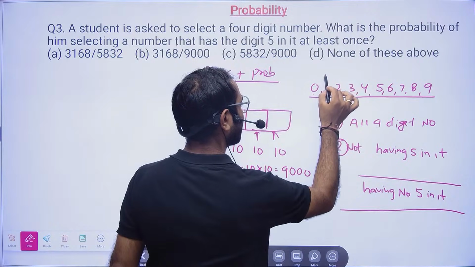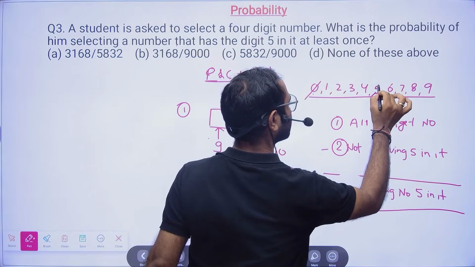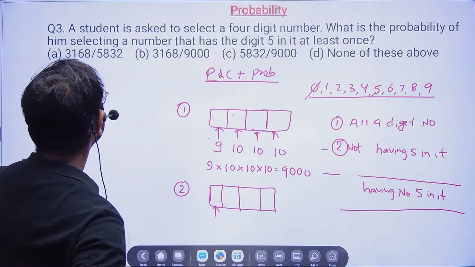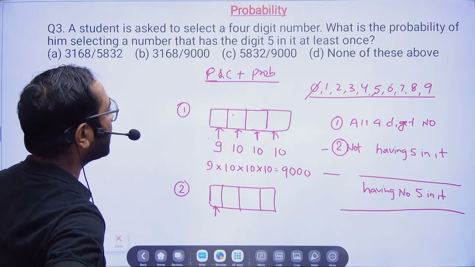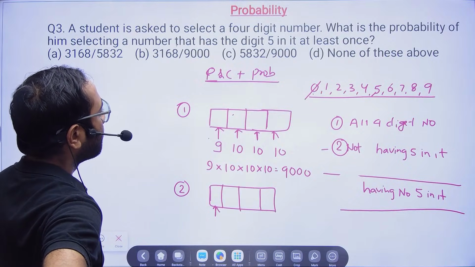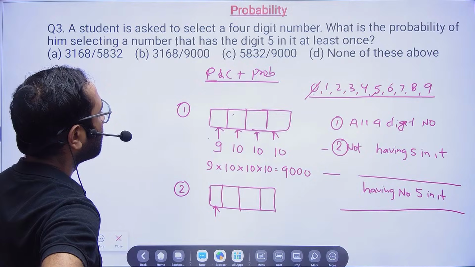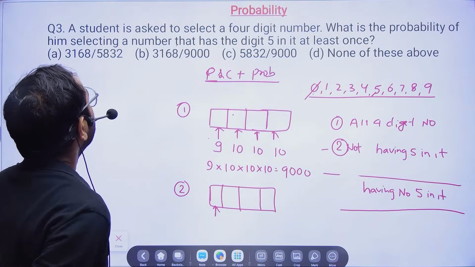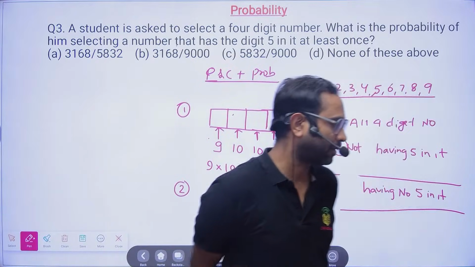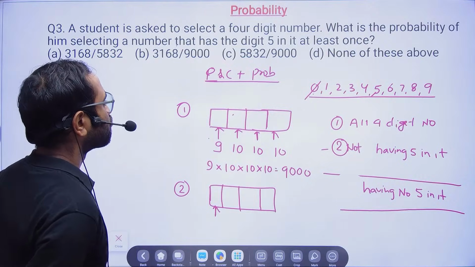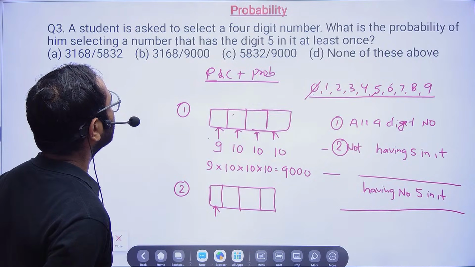Sir, again, I cannot put 0 here. Okay, so what you did here, how did you find it? Having 5 in it at least once.